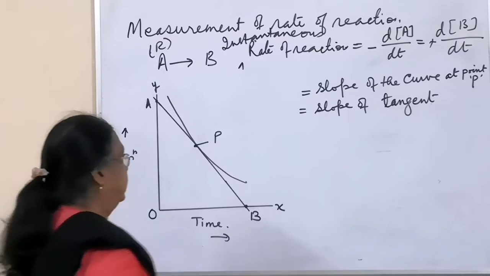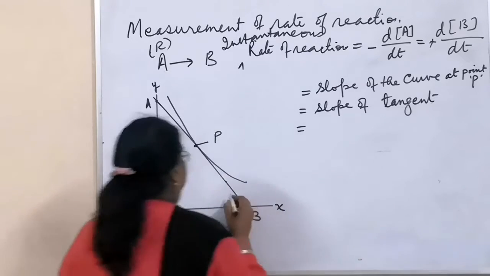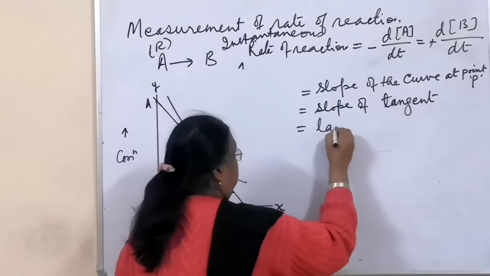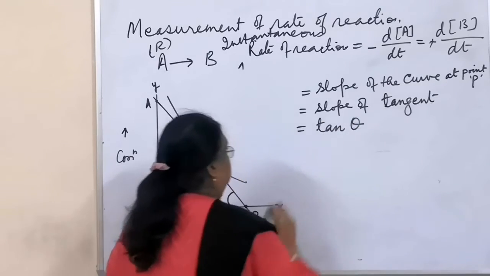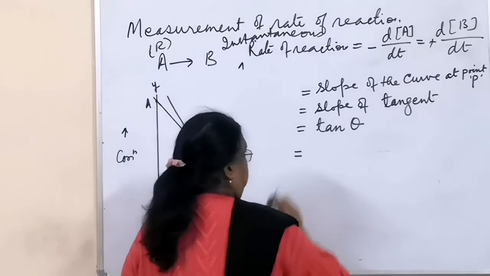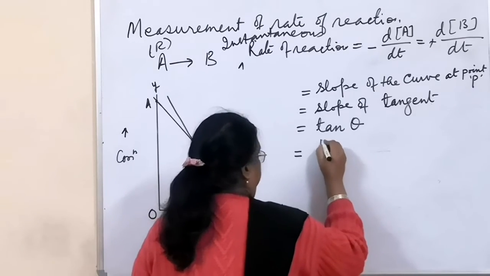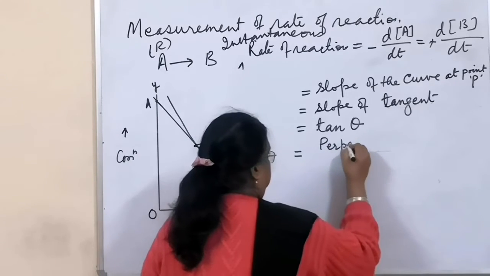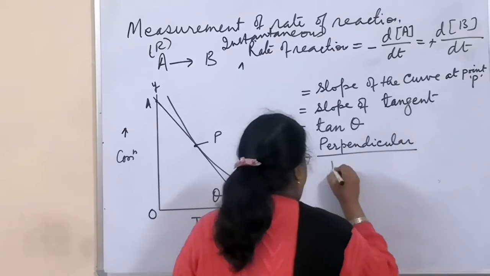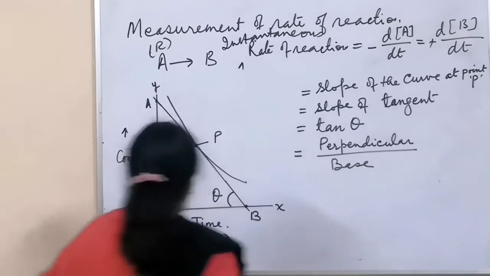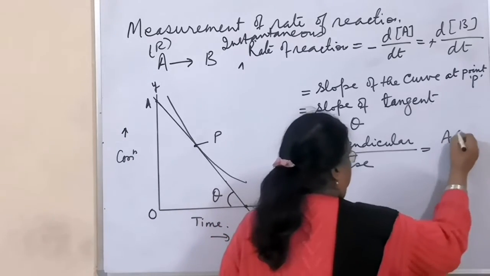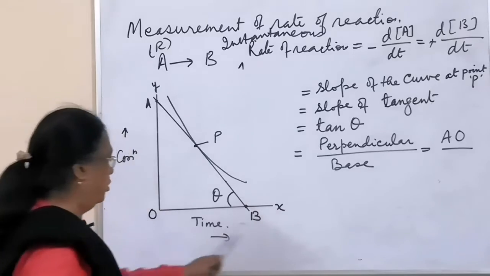Now, the slope of the tangent is your theta, so it is tan theta. And tan theta is equal to perpendicular upon base. This is perpendicular AO and the base is OB.